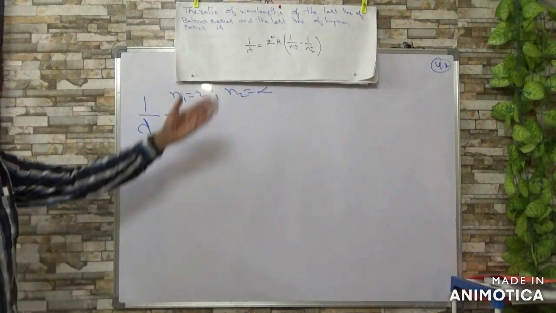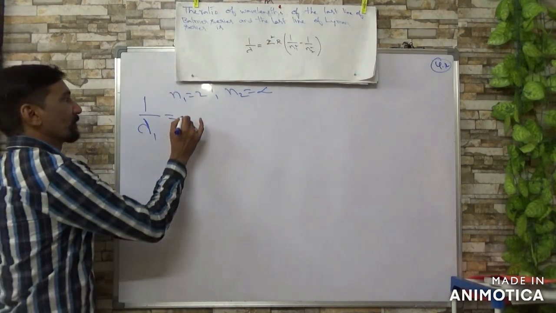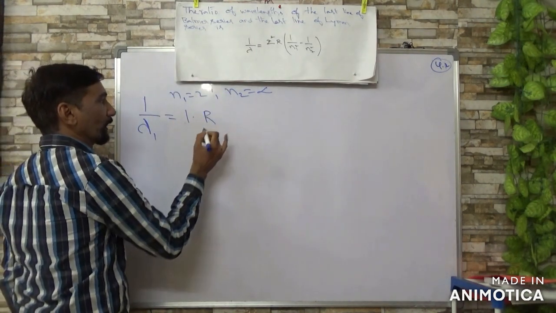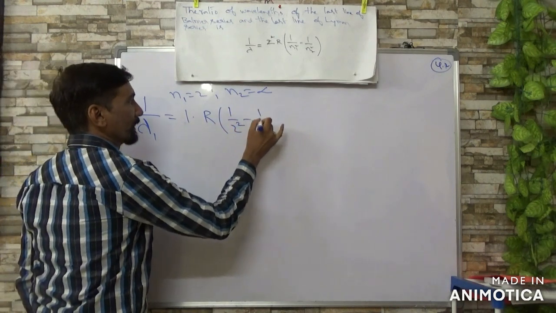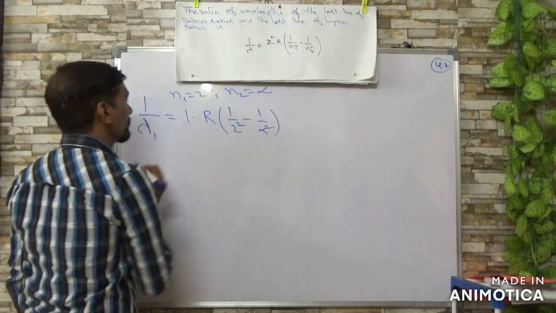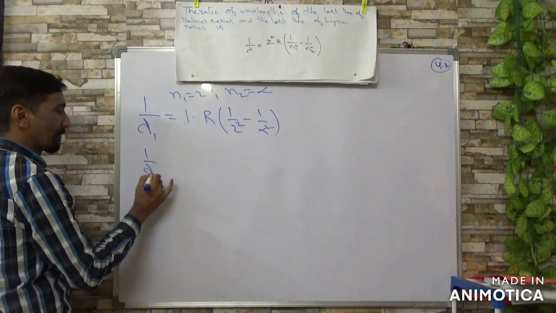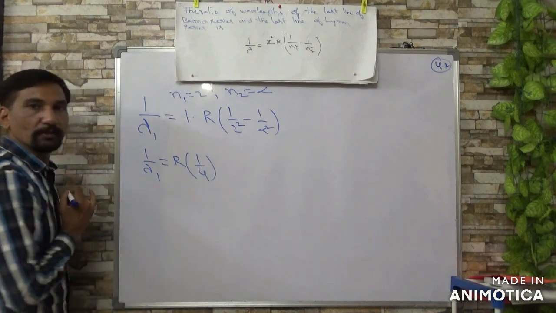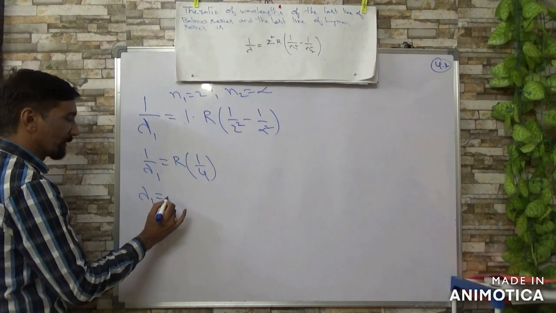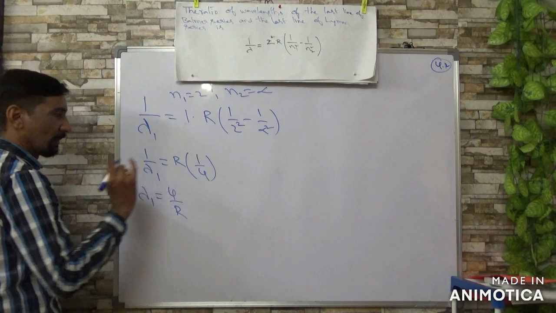For the hydrogen spectrum, Z value is 1 into the Rydberg constant, 1 by 2 square minus 1 by infinity square. So 1 by lambda 1 is equal to Rydberg constant into 1/4, so lambda 1 will become 4 by R.